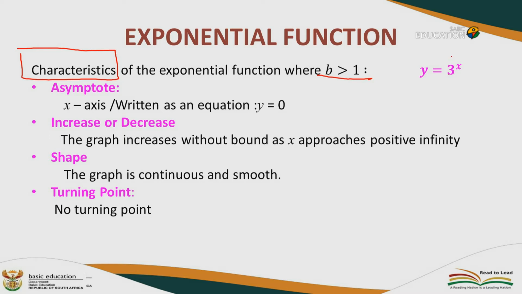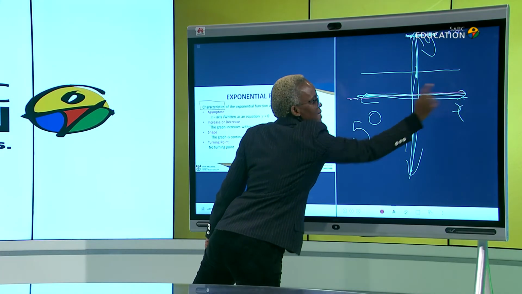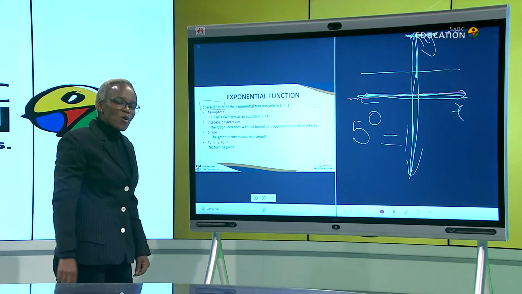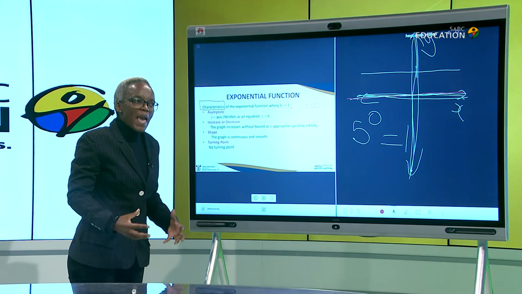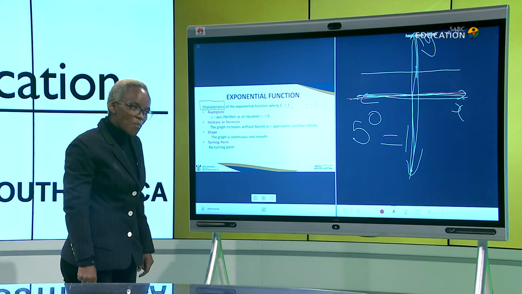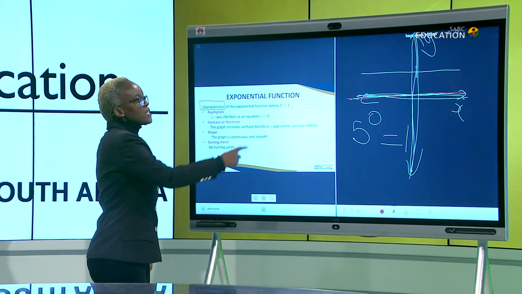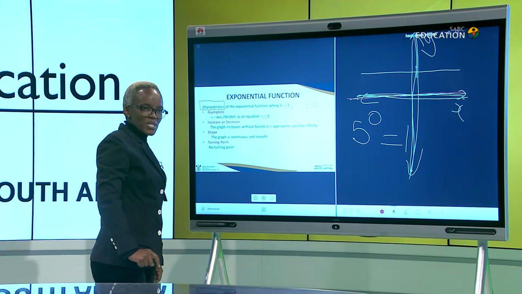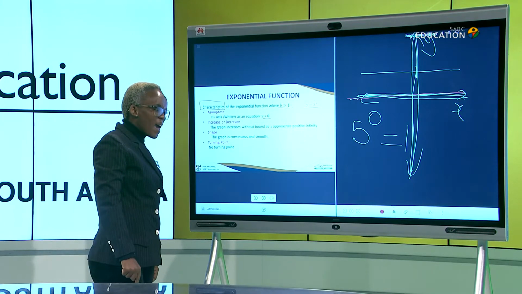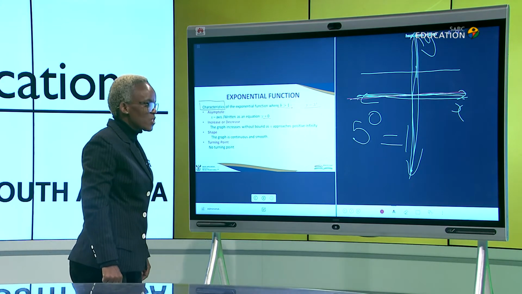Our asymptote is the x-axis, which means our exponential graph will have an asymptote at the x-axis. We can write that x-axis in the form of an equation: y equals 0.